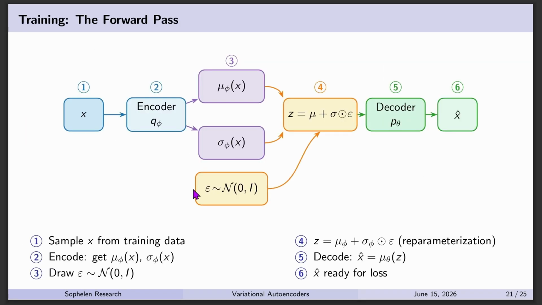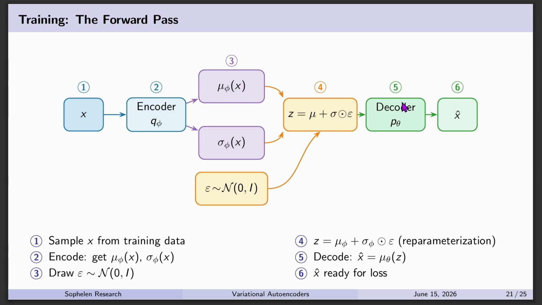Let's see what the forward pass looks like. We start with our data point, we encode it, so that gives us a Gaussian blob, and then from the Gaussian blob we sample a single z. To sample, we just pick a random noise from another Gaussian blob here, and then we have a particular sample, which could be noisy, but the bias is low.